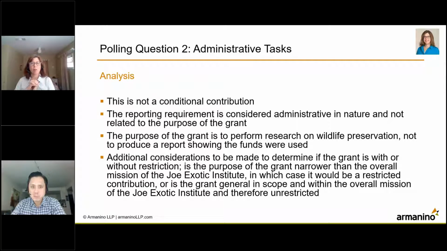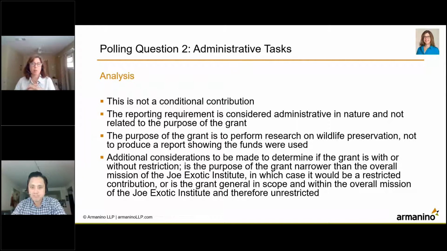As we've said earlier, probability assessments are no longer part of this analysis, so you don't really need to consider whether or not it's remote. And again, you don't even need to deal with the fact that you might not get the last payment until the report on how the funds were used.